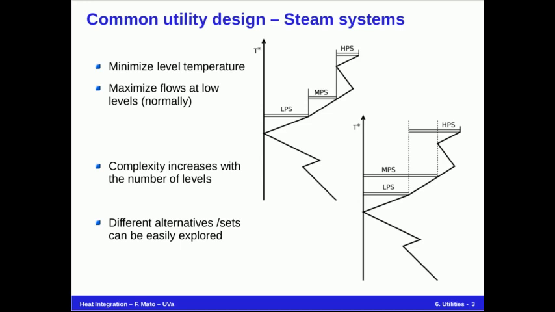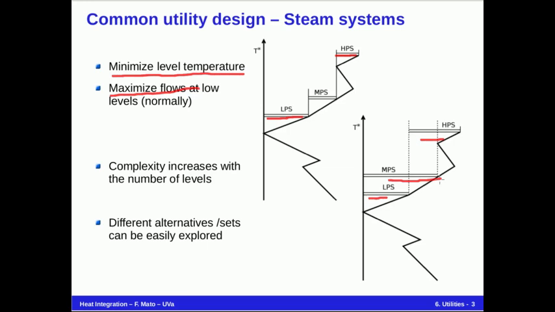Well, design from an energy thermodynamic point of view is easily done in the grand composite curve diagram, so we can minimize level temperature or maximize flows at low level, that is a normal practice, or explore different combination or alternatives of levels and quantities of steam.